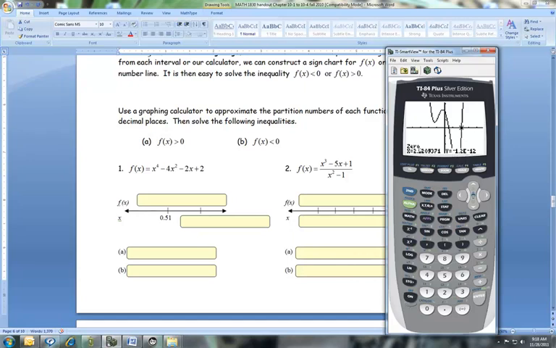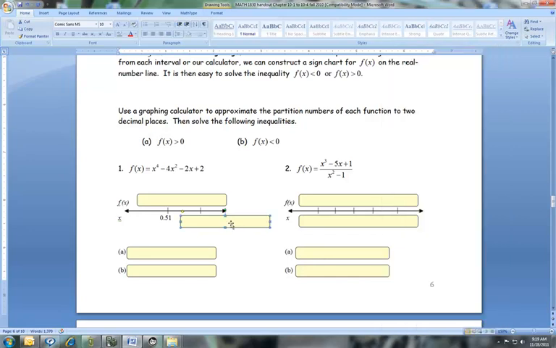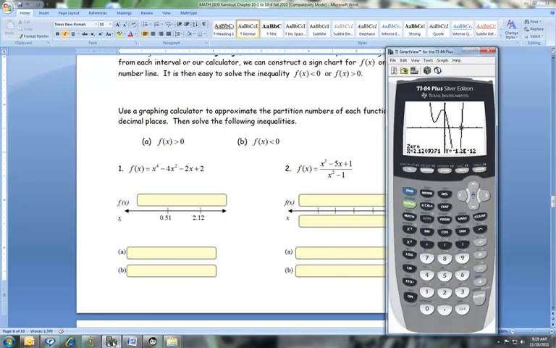It is telling me I have a 0. Why it can't give me a y value equal to 0, I don't know. So don't worry about it. I just know I'm looking at that, and that is on my x-axis. So my other 0 is 2.12. So let me get rid of this block. So that's how I start labeling my number line.